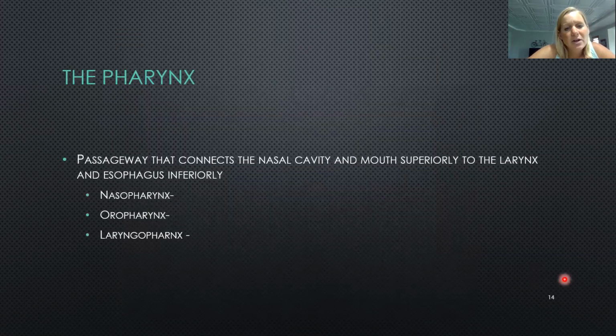So as mentioned, this passageway connects the nasal cavity and the mouth to the larynx and the esophagus inferiorly, also the trachea as well. Okay, so the nasopharynx is going to be superior to the soft palate and only serves as an air pathway, okay? So the nasopharynx is not going to have any food in it because it's superior to the mouth. The oropharynx is posterior to the oral cavity.